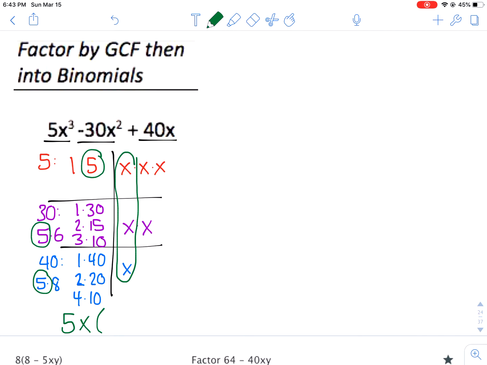So up here we have a minus and a plus, so that's what we're going to put in our parentheses. On the top, it looks like we have 1 and 2 x's left over. Then we have 6 and 1 x left over. And lastly, we have an 8 and no x's left over.